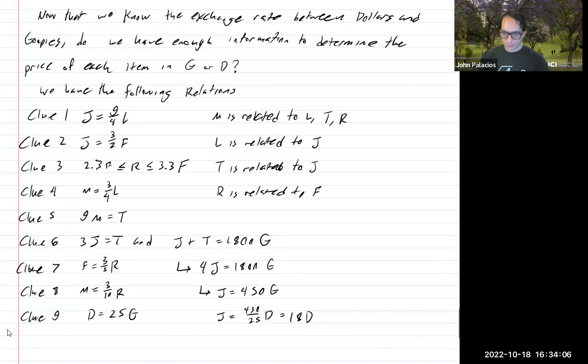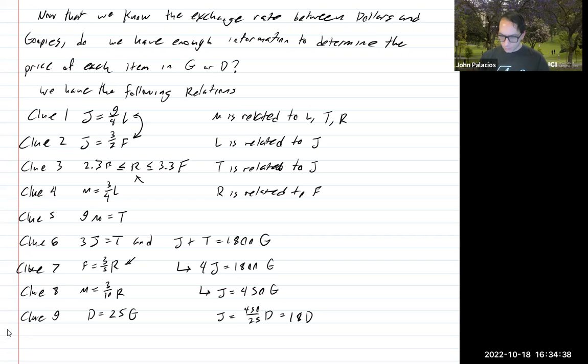For example, you can see that jackets are related to both the price of flashlights and of first aid kits. We found that the price of radios is variable in terms of flashlights, but that's okay because clue number 7 actually gave us a pretty good understanding of what the exchange rate should be between the price of a flashlight and a radio.